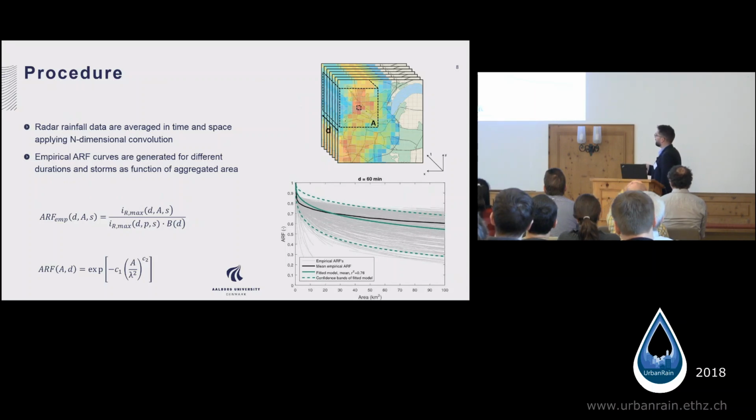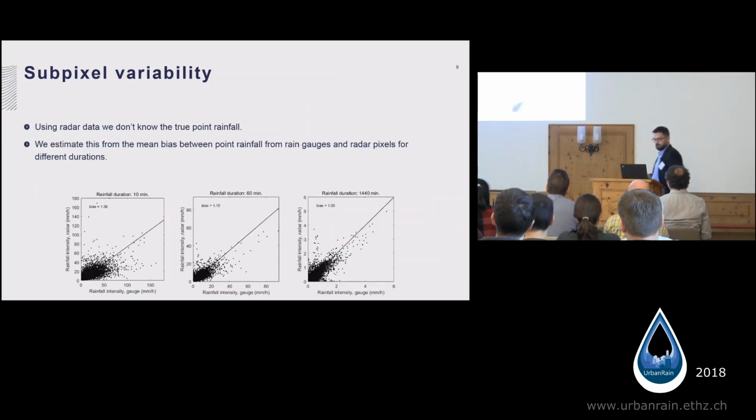So basically the RAF is the intensity averaged over an area and a duration divided by the point rainfall times a bias here. And that bias is taking care of that when we look at radar data, we don't actually have the true point rainfall. We have an average over 500 by 500 meter.